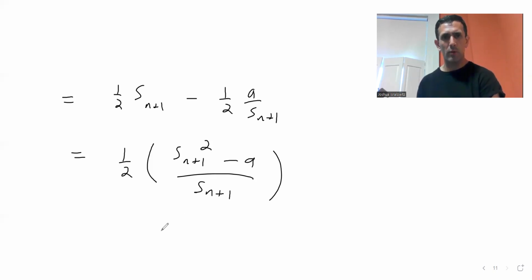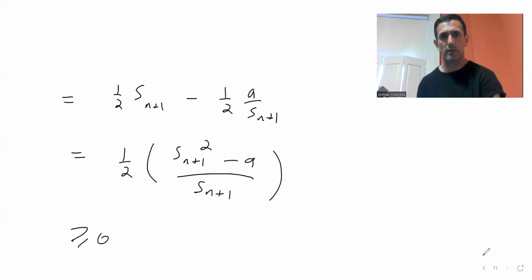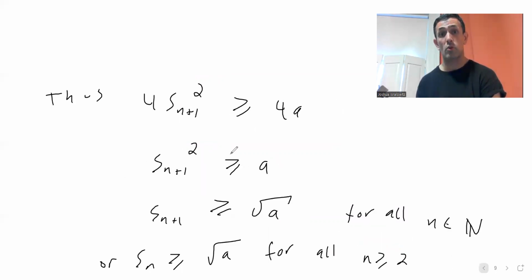All right, so what on earth is the point here? Well, we know this is bigger or equal to 0. Why? Because we proved just a minute ago that S_{n+1} is bigger or equal to the square root of A for all natural numbers n.